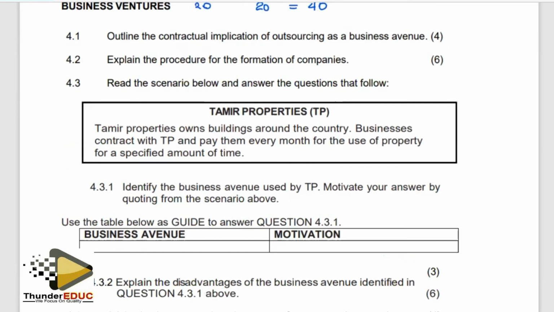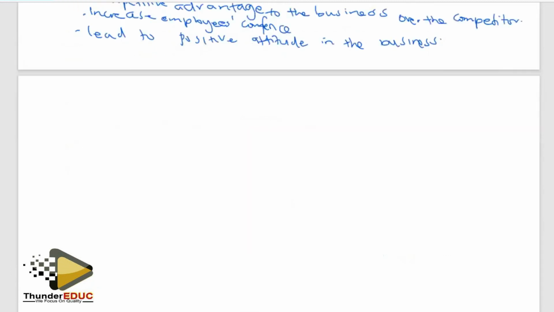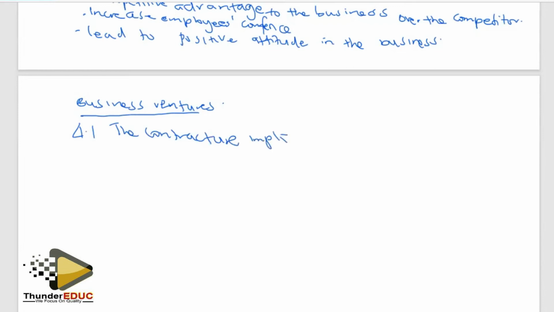Let's look at the first question. It talks about outlining the contractual implications of outsourcing, for question 4.1, business ventures.